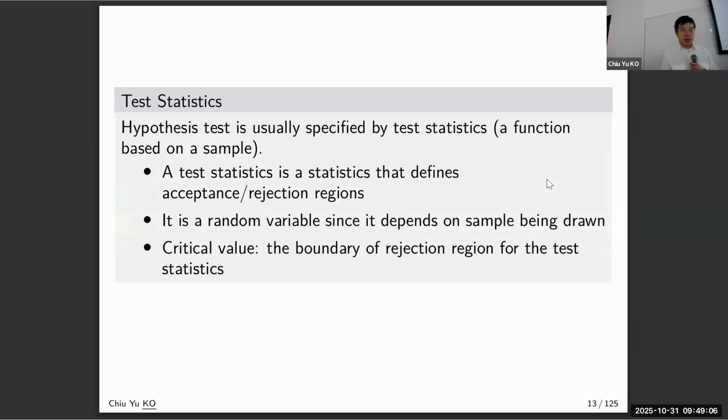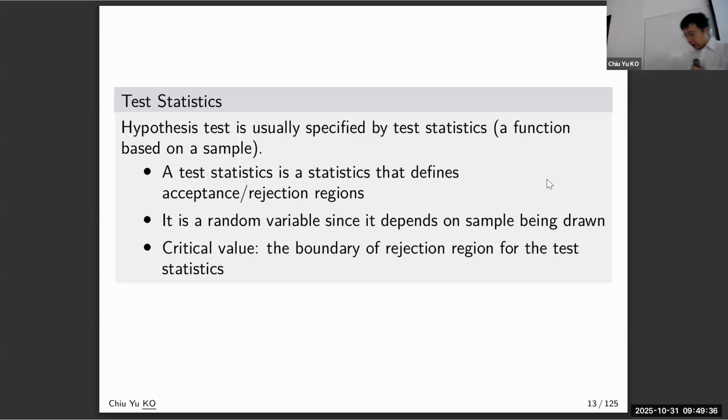So as we said, hypothesis testing would usually rely on a test statistic, and this test statistic is basically a random variable. And this random variable, we look at its value, which we will define based on the alternative hypothesis, tells us which region you accept, which region you would reject, and the boundaries are called the critical values.